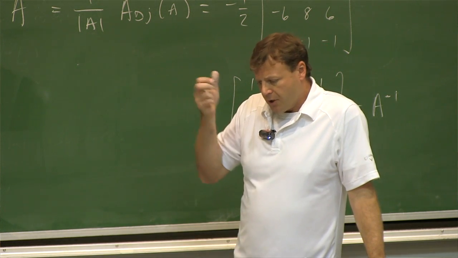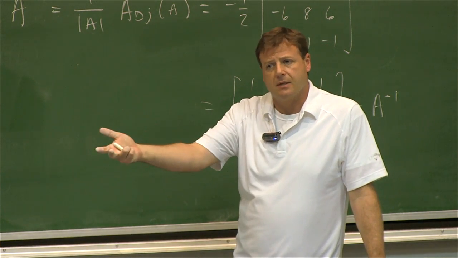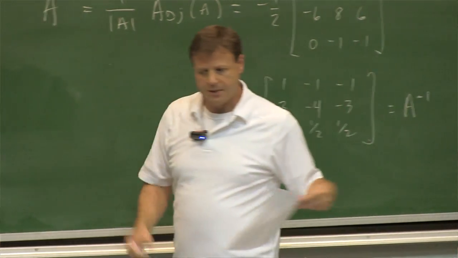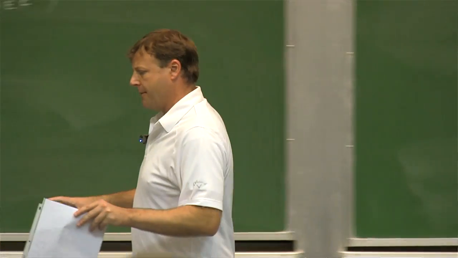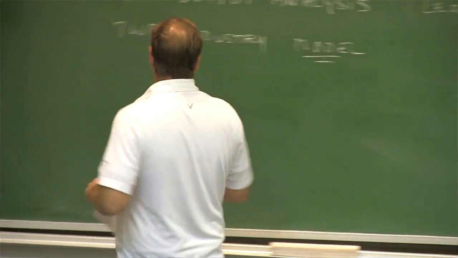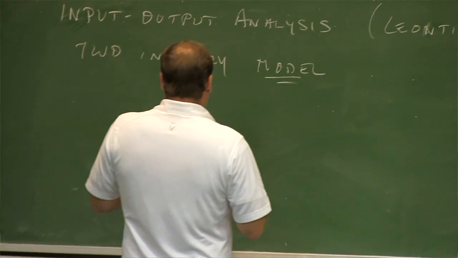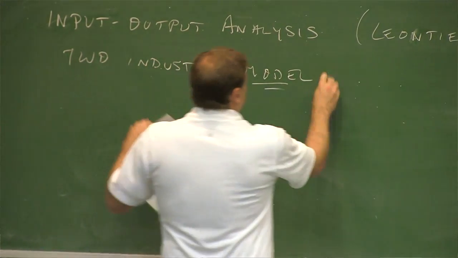And what you want to do is create something so that you can predict what's going on in the real world. And that's what a model does for us. It's a simplistic version of the real economy, but it reveals some aspect of it and it allows you to predict. That's the goal.